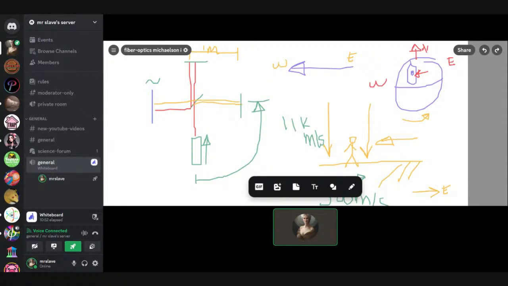Fiber optics, all it says is that this chunk, we can extend it. Instead of using a mirror here, let's drop this mirror and just have a thread of fiber optics going back and forth. A spool will spool it back and forth, instead of a mirror.